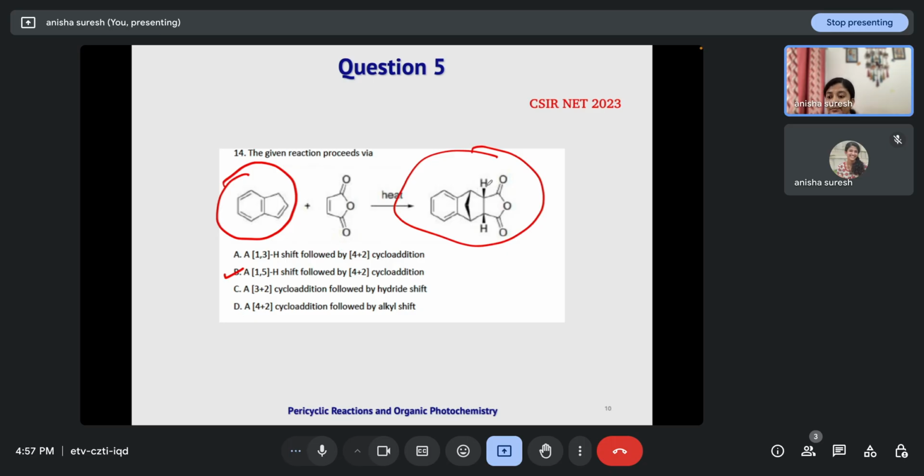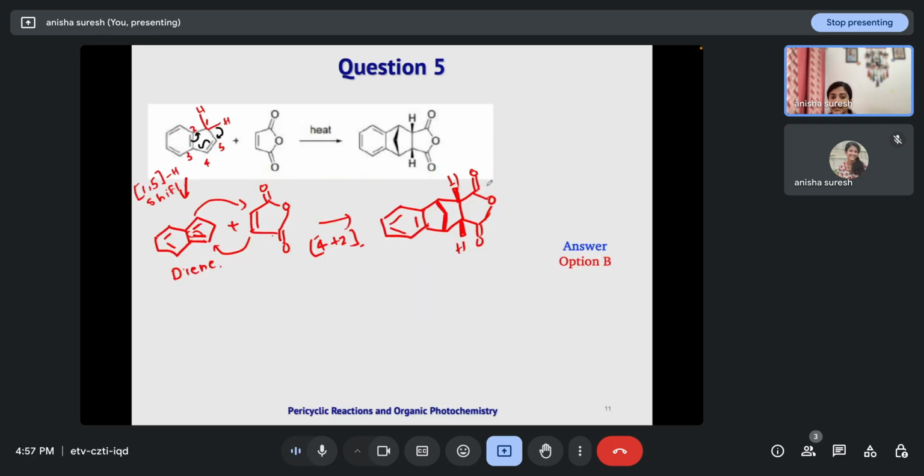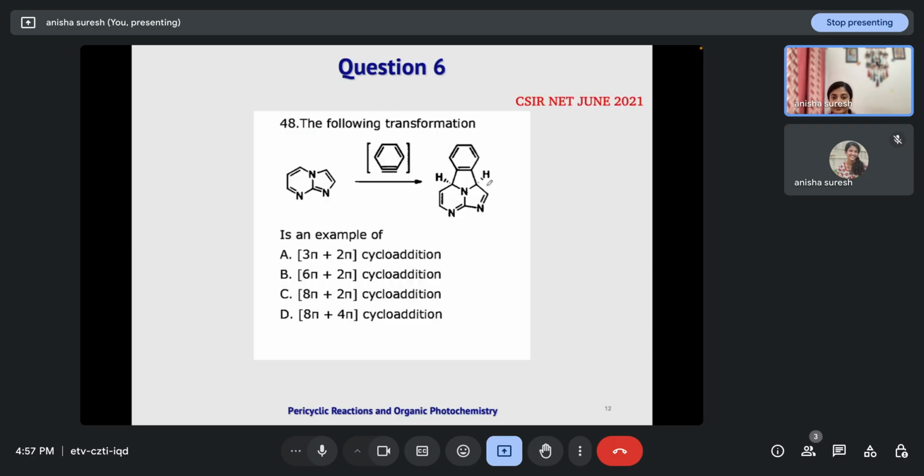Any doubts? So option B is the right answer for question number 5. If there are no further doubts in this question, let us move to question number 6.